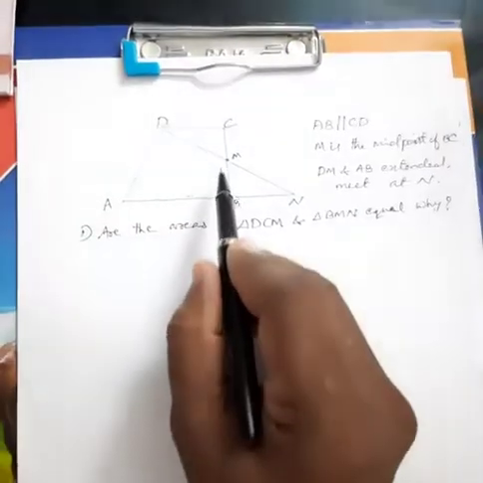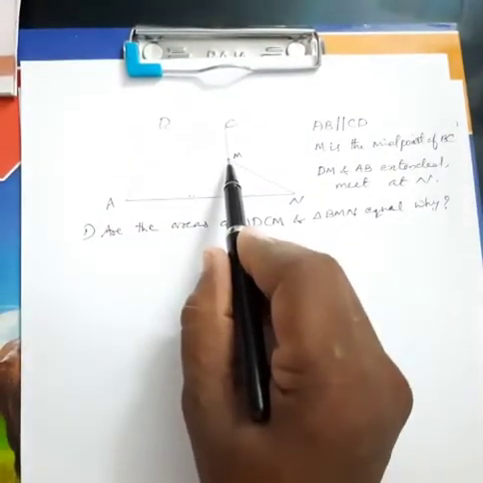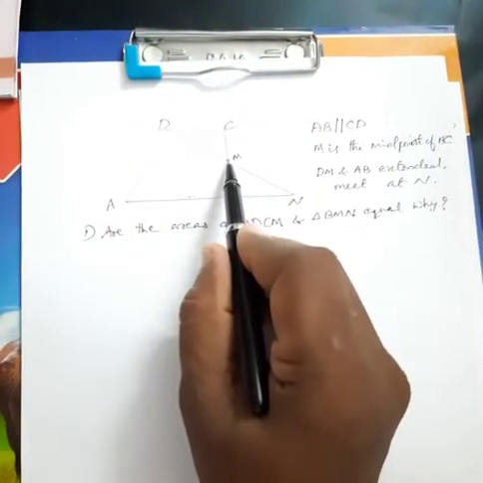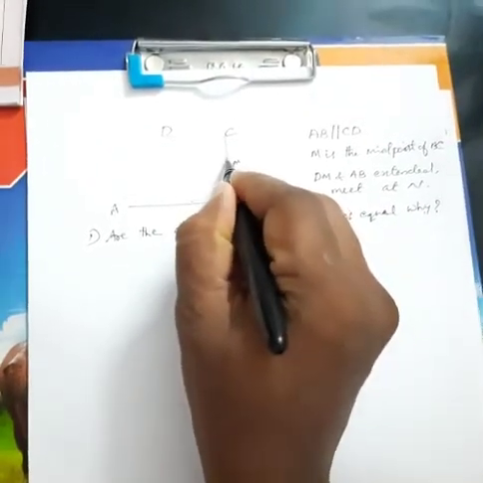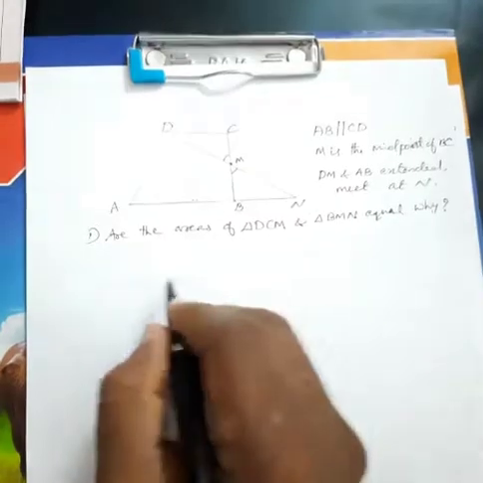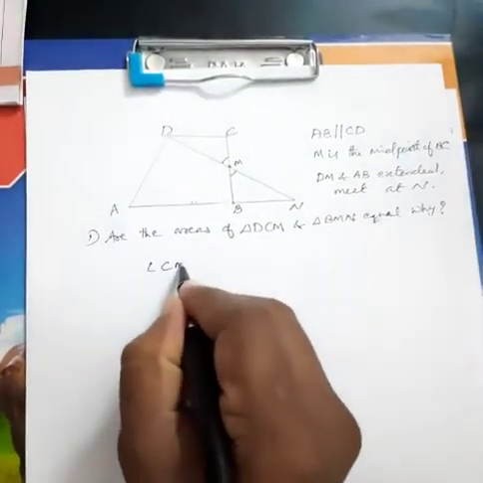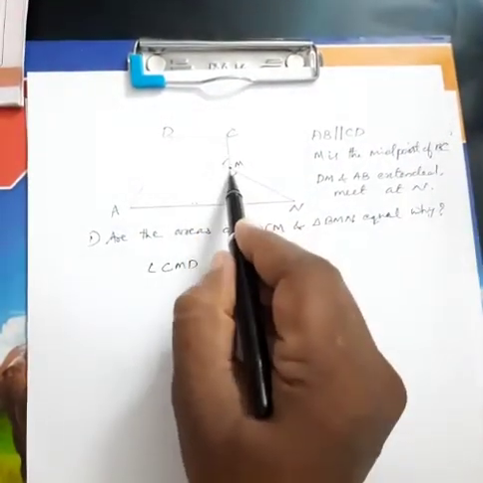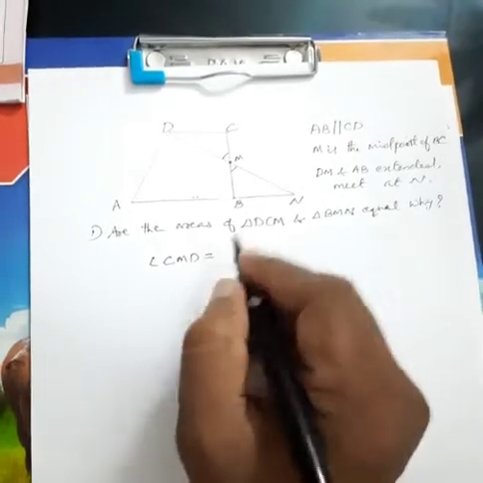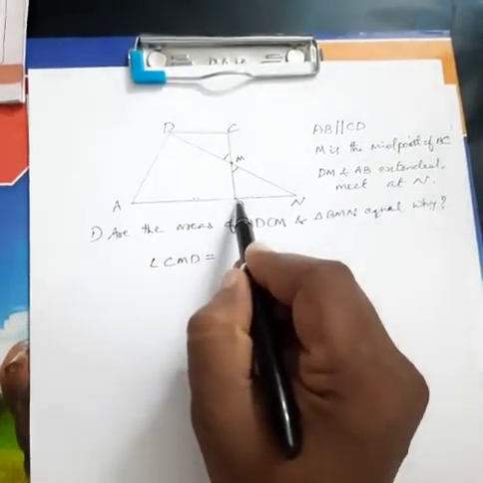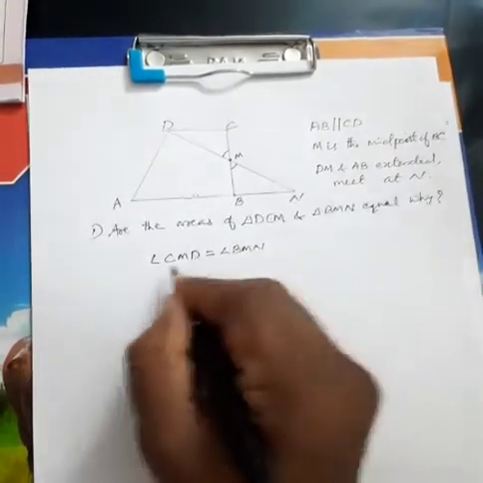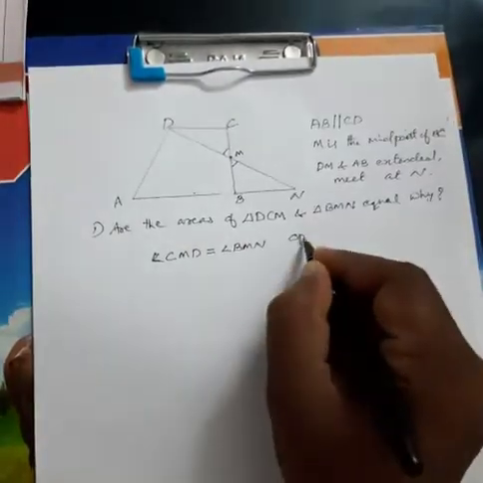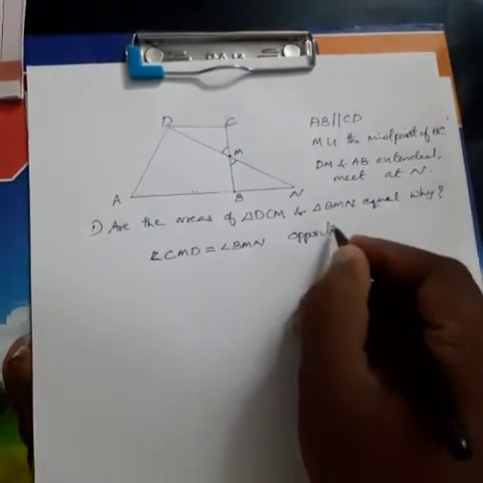Here, these two are the opposite angles, angle CMD equal to angle BMN, they are equal because they are opposite angles.